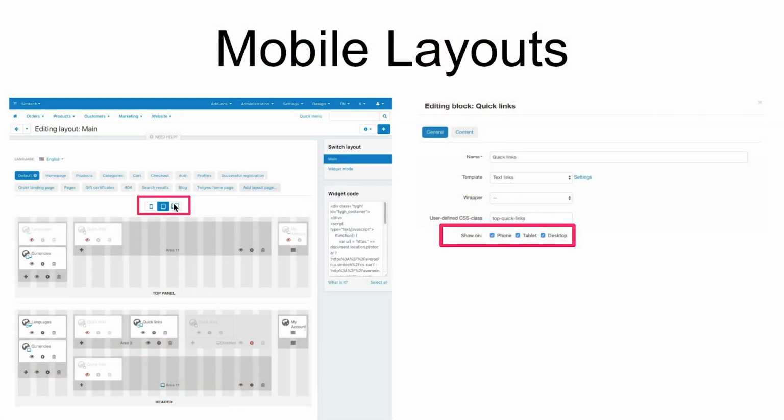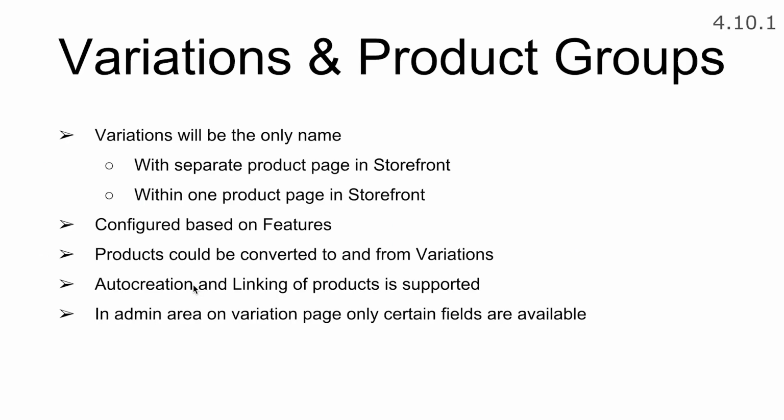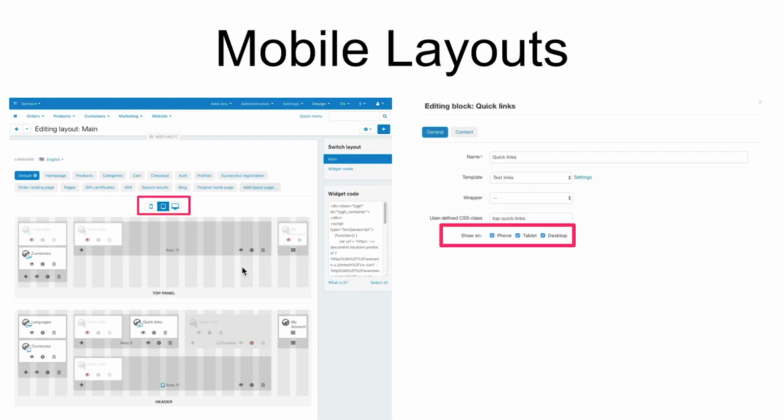You can see that on the layouts page there will be a switcher where you select mobile phone, for example, or tablet, and you see all the blocks that are available for this location, for this device. And also in the block details you can set for what devices this block should be displayed. You see the phone, tablet, desktop.